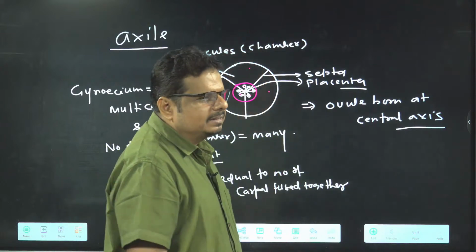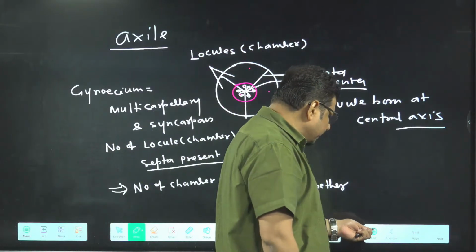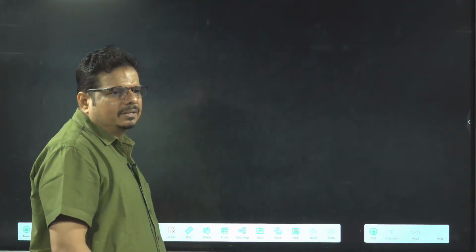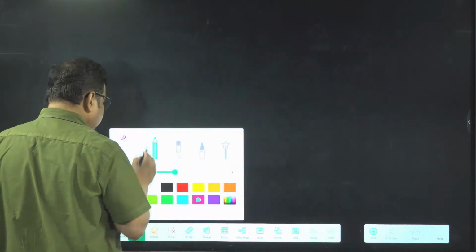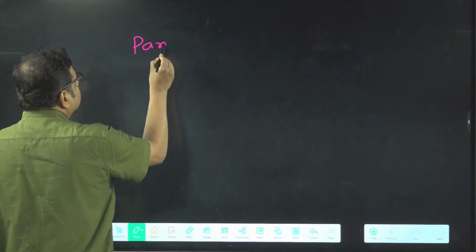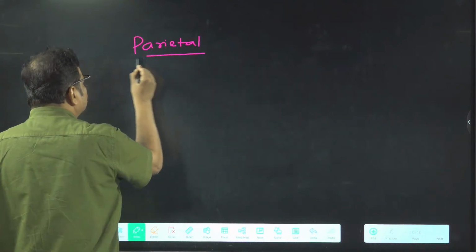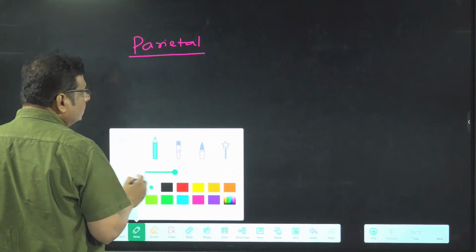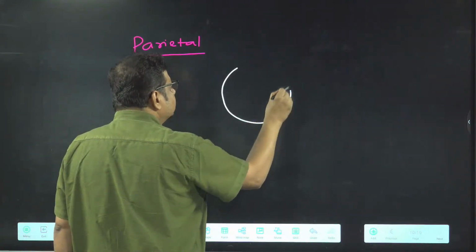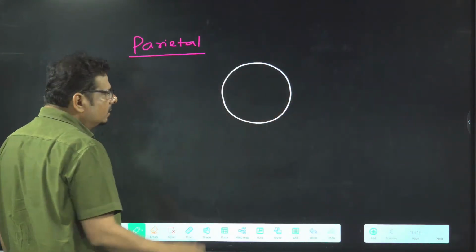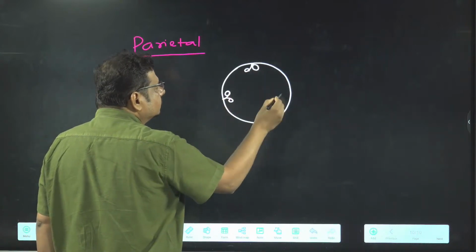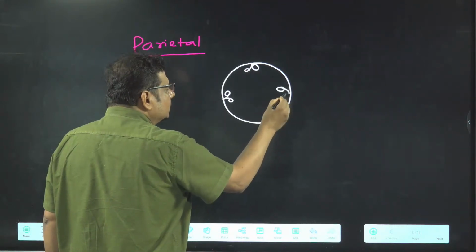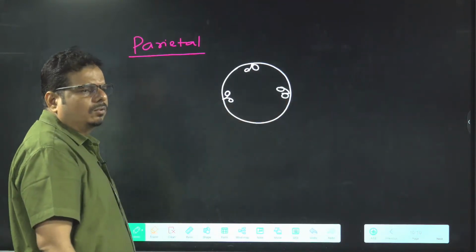Now after axile placentation, we are going to deal with parietal placentation. Third type of placentation we are going to deal with, and that is which one? Parietal placentation. So what we report in the case of parietal placentation is important. From here questions are going to be asked: ovule is present on the peripheral wall of the ovary. Ovule is present on which one? Peripheral wall of the ovary.